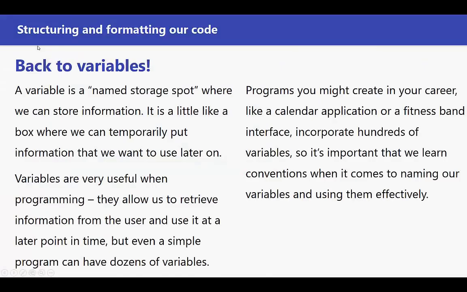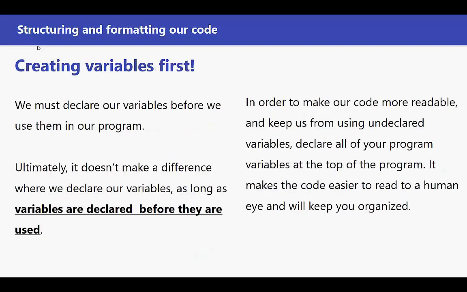Now you have almost all the tools you need to get through week 1. We've got a few more coming, but I just want to take a break and talk about organizing your files. So thinking about variables, we've seen how they're kind of named storage spots. When we're talking about organizing our code, you've seen me do this. I like to declare the variable names, var space variable name, at the top of the file and then give it values at the bottom.